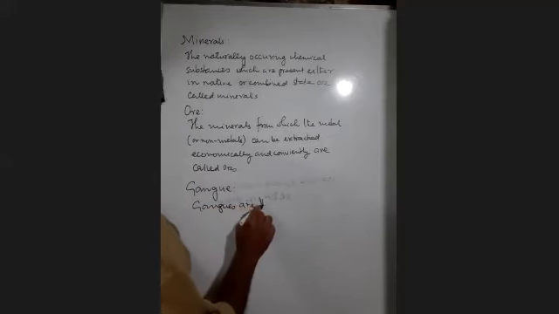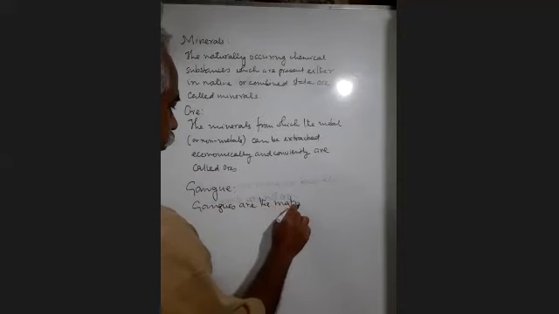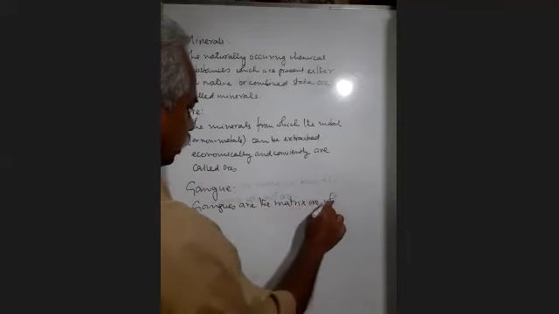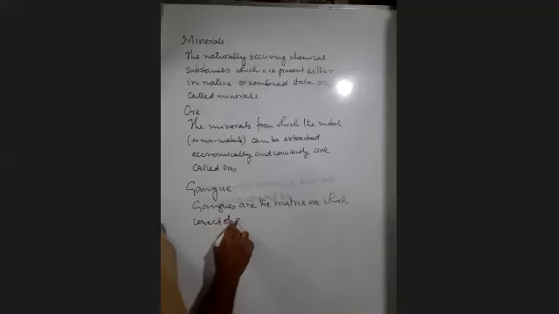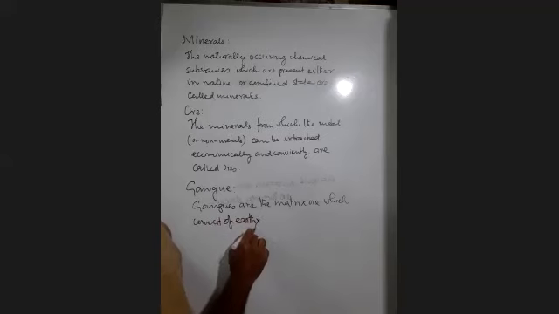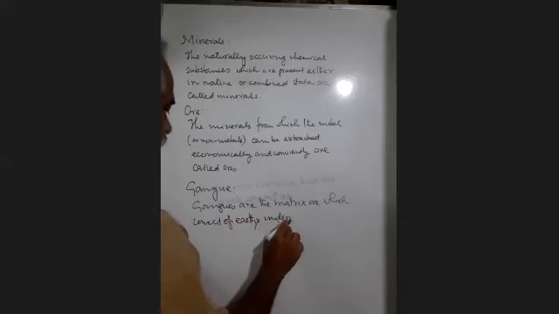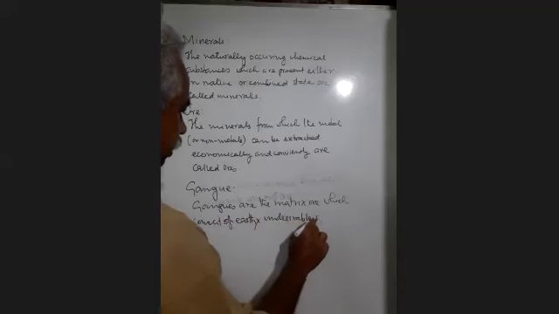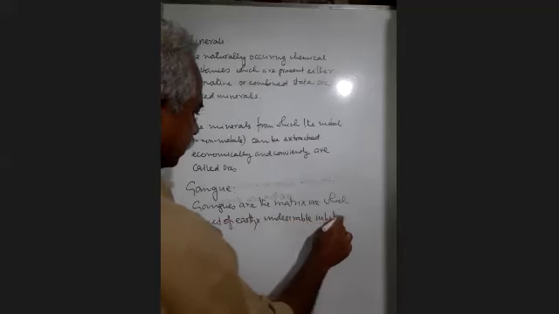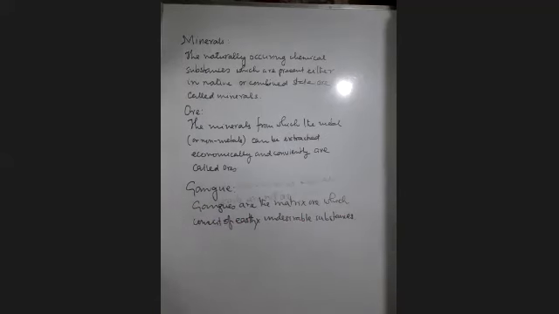So gangues are the matrix of the ore which consists of undesirable substances. So these are called gangue.